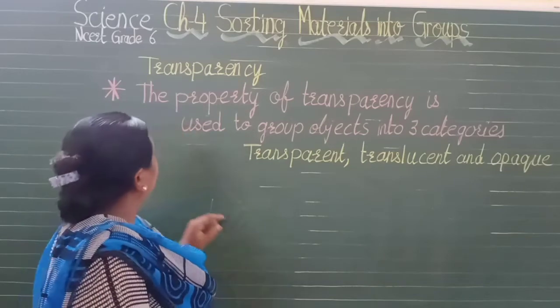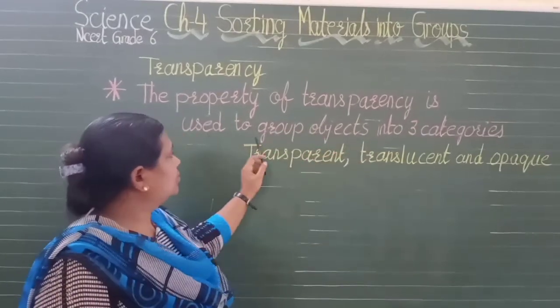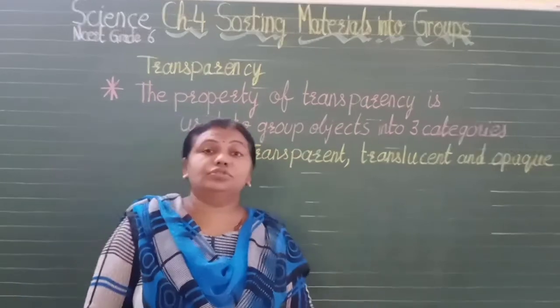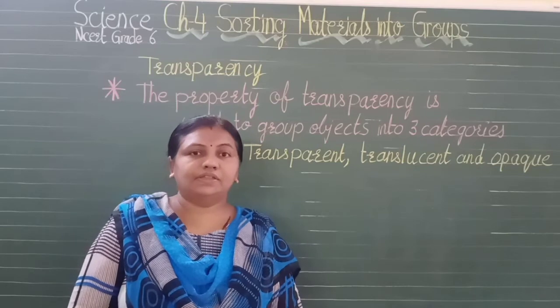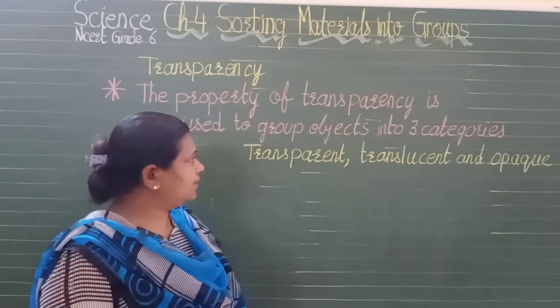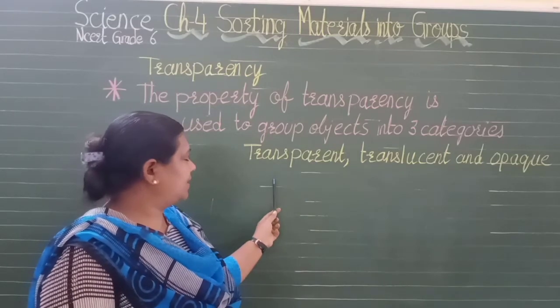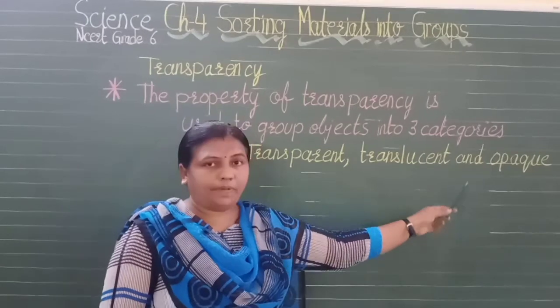Now the property of transparency is used to group objects into three categories. According to transparency, there are three categories. Which are those three? Transparent, translucent and opaque.